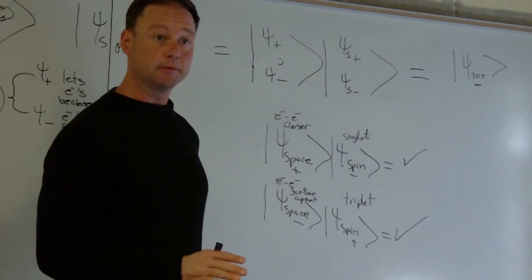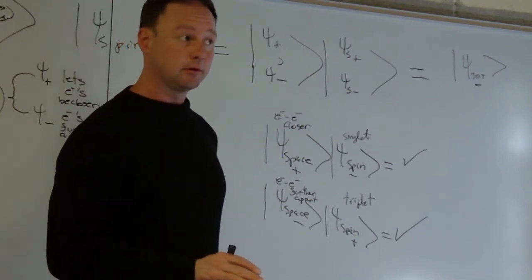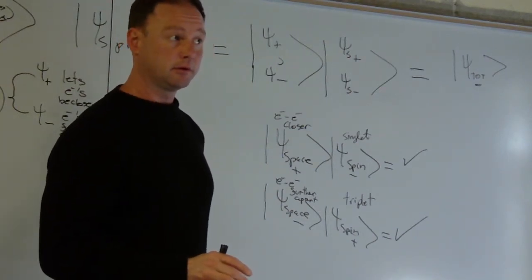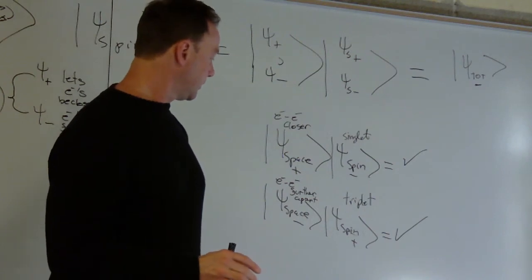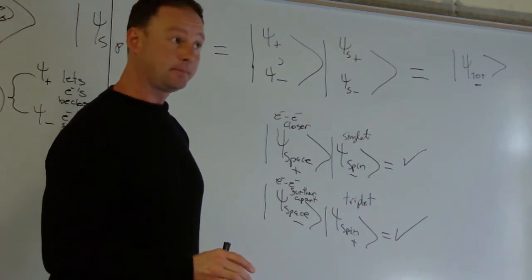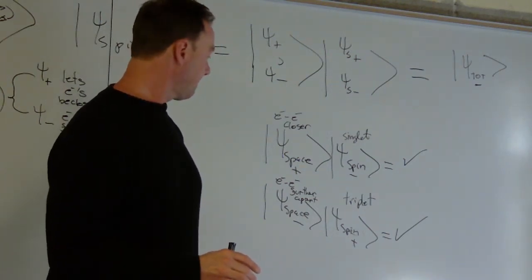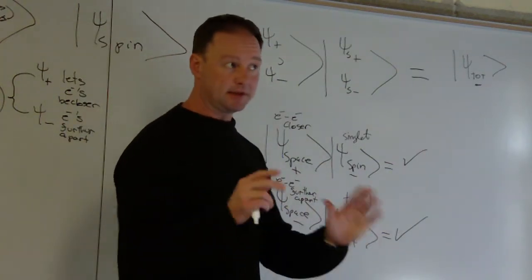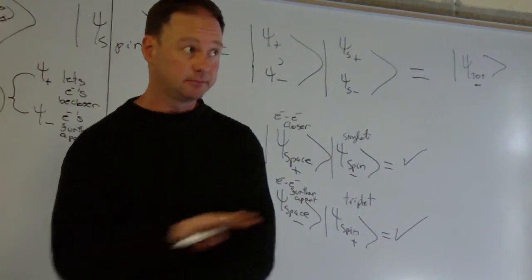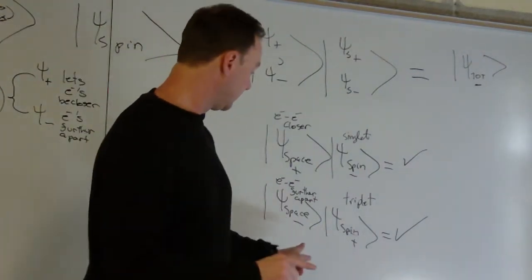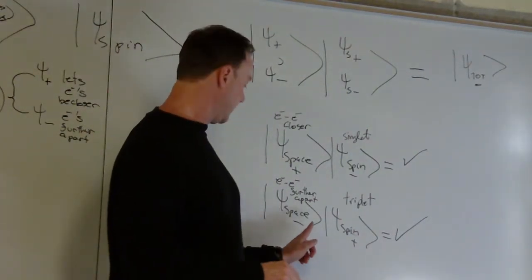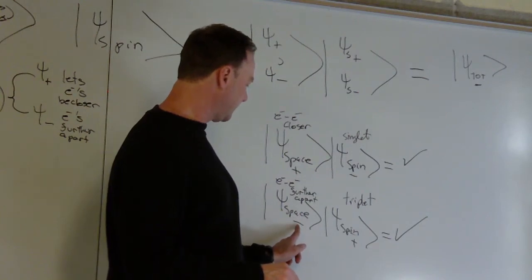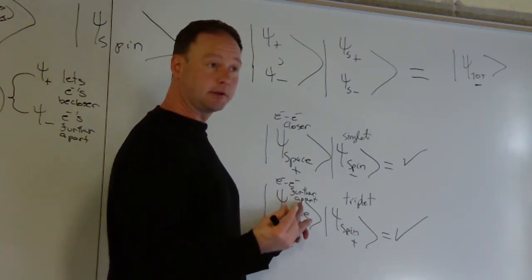Everybody agree? Well, psi plus spin gives you closer. No, spin has nothing to do with space. Oh, I said the wrong word? Yeah. Okay, sorry about that. So the antisymmetric space lets the electrons get closer together.